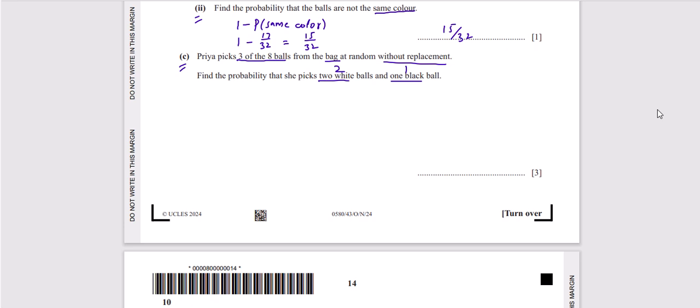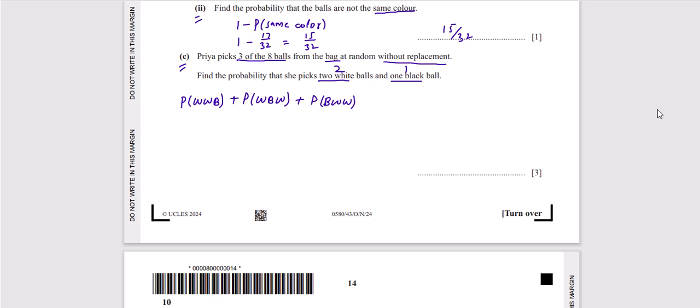So the required probability is 2 white ball and 1 black ball, that is 2 white ball and 1 is black ball, plus the probability should be like that, white, black, white, plus the last one is black, white, white.